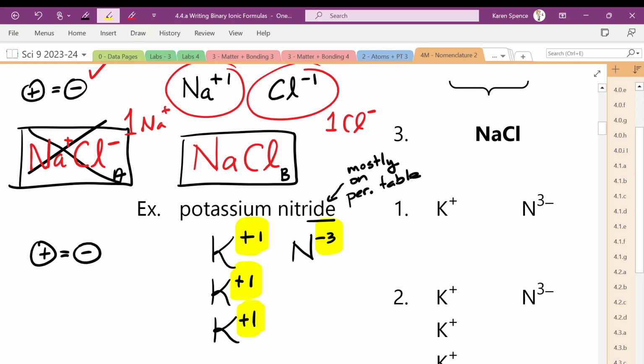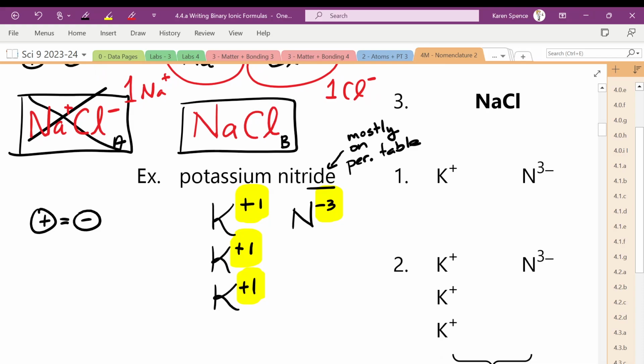There we go. And now our total positive is how much? +3. Our total negative is -3. Now we know that we have the right amount because they are the same positive as negative. How many Ks do we have?